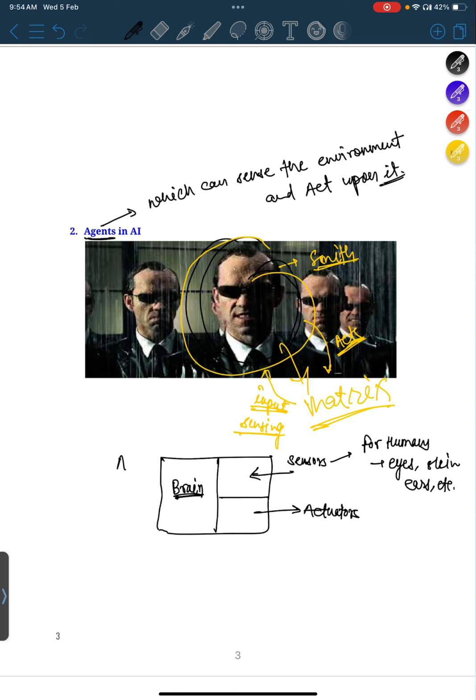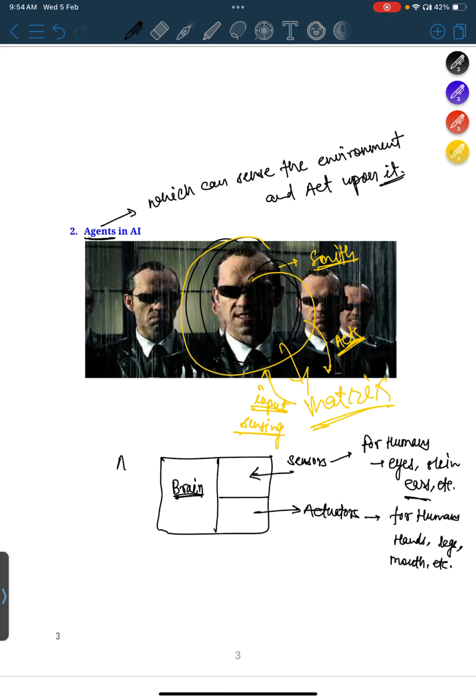For example, the actuators for humans you can think of are hands, legs, mouth, right? So, for example, if someone is speaking to us, we'll use the ears as our sensors, or even the eyes, since we can see their mouth and lips moving.